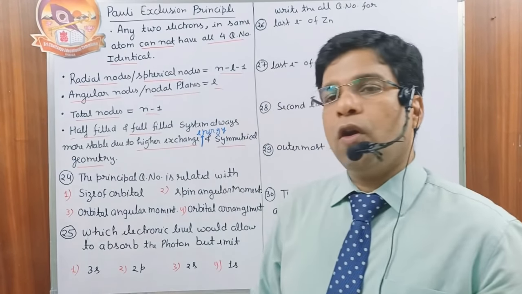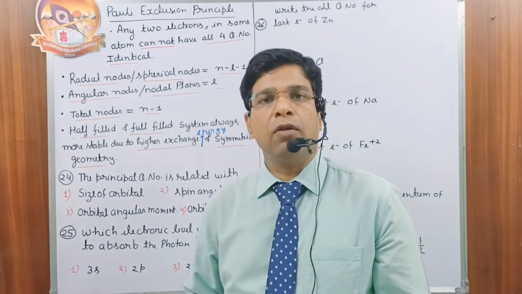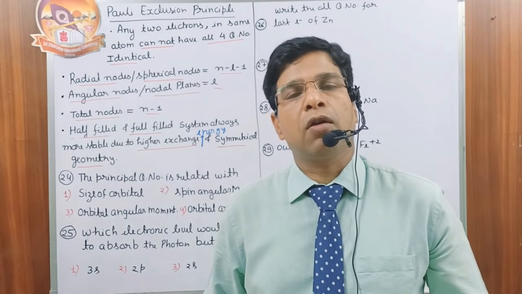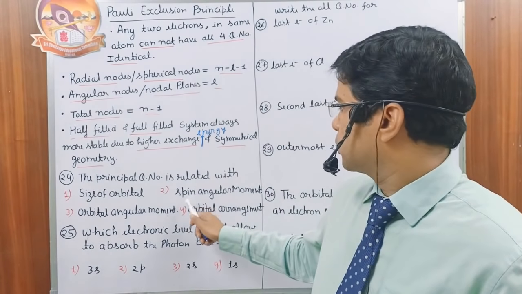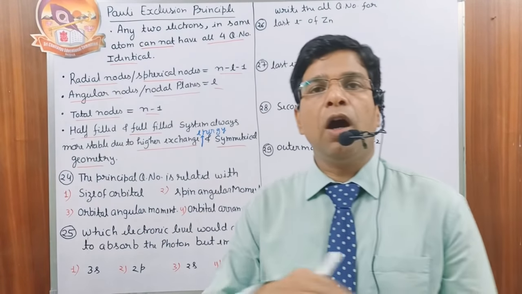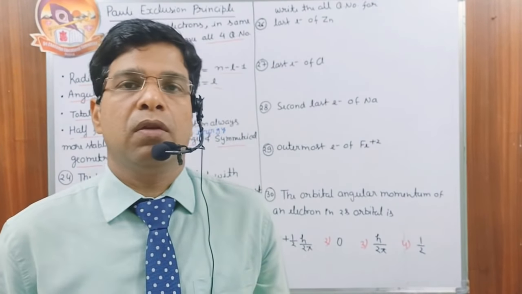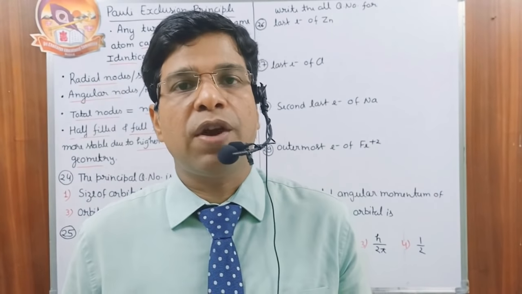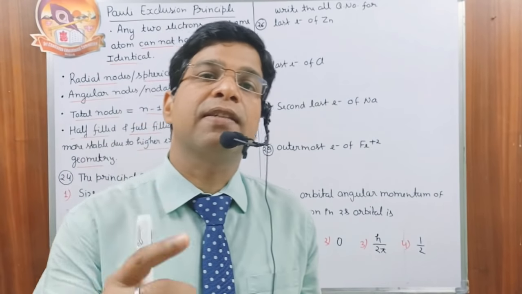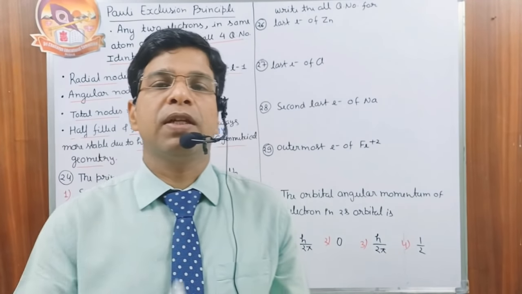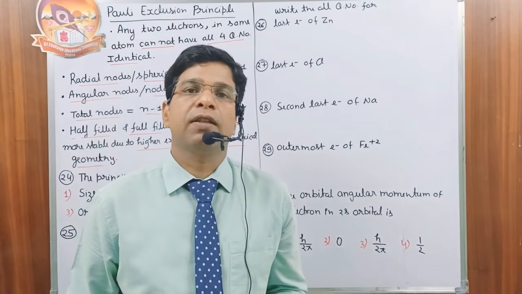Next one, orbital angular momentum is given by the azimuthal quantum number. Then orbital arrangement, how these orbitals are arranged in space, which is in the x direction, which is in the y direction, which is in the z direction, is given by the magnetic quantum number. Magnetic quantum number represents the direction of the orbital in 3D space.